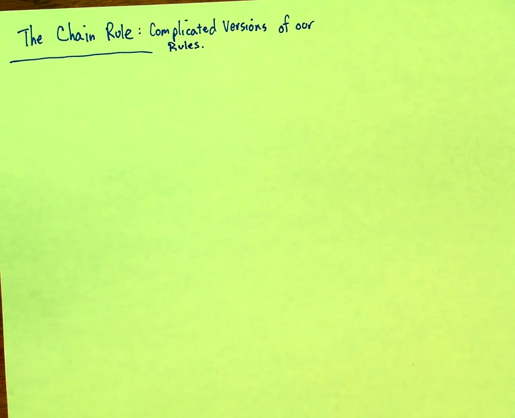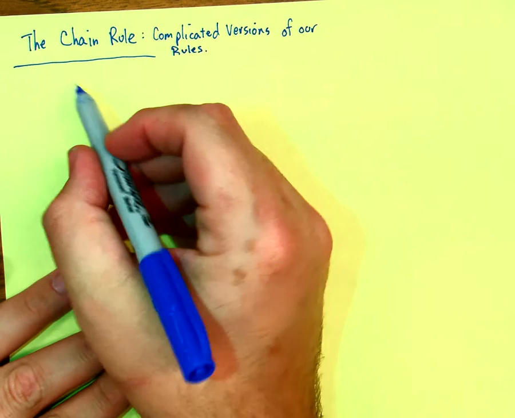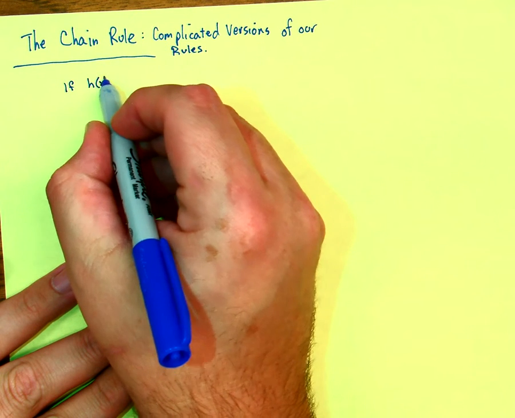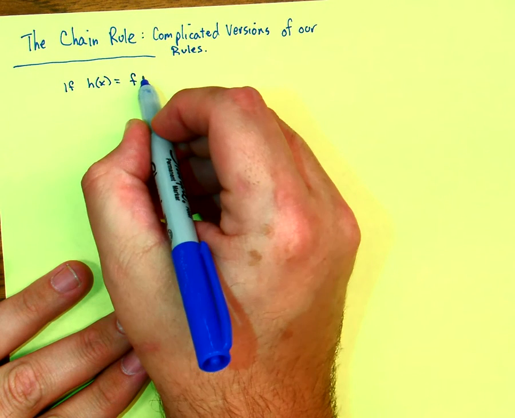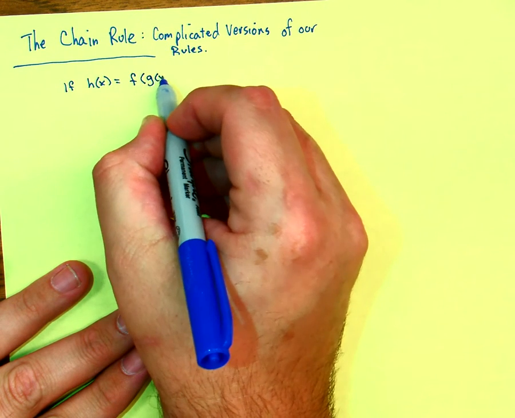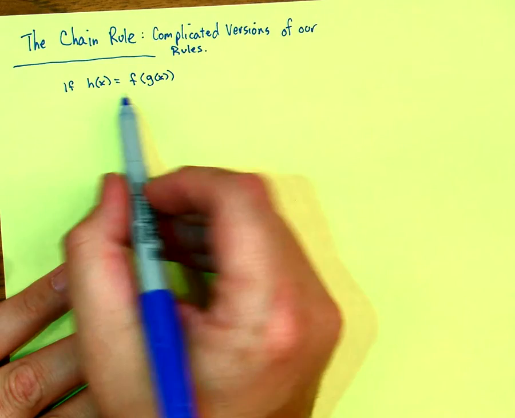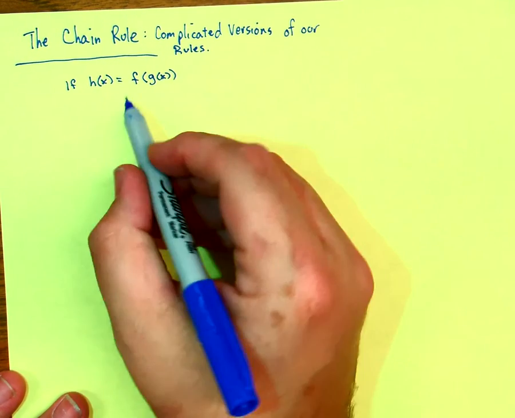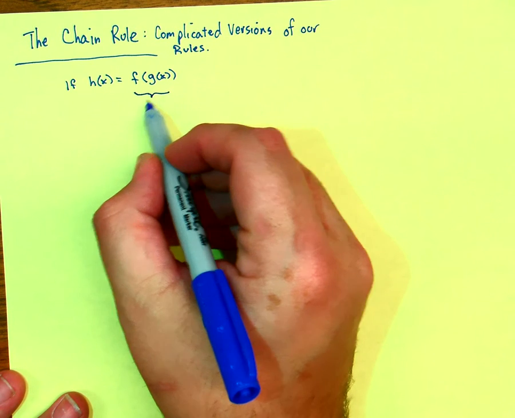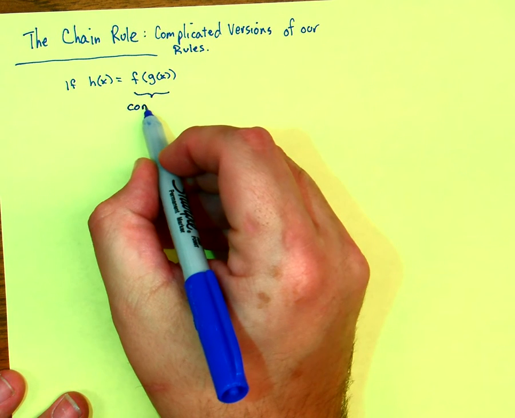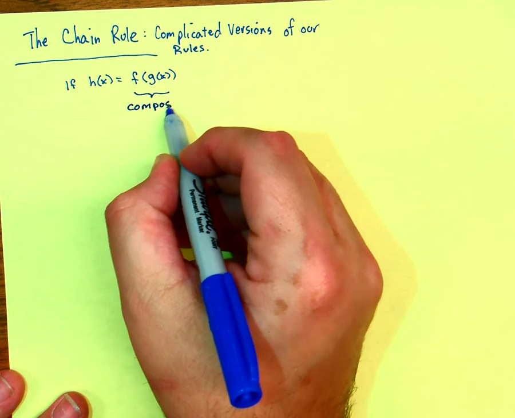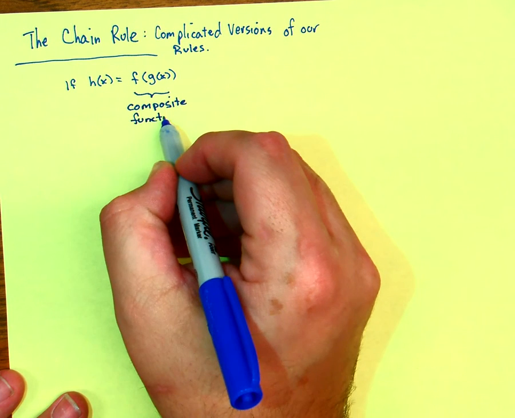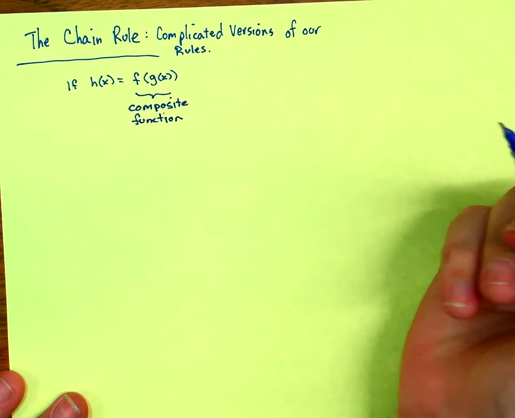Now, technically, this is what the chain rule says. If h of x is equal to f of g of x. Now, what is f of g of x? Do you remember the whole idea of a composite function? A function within a function?